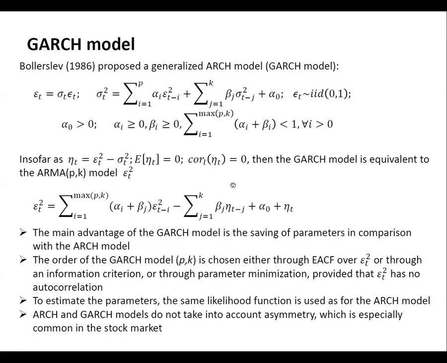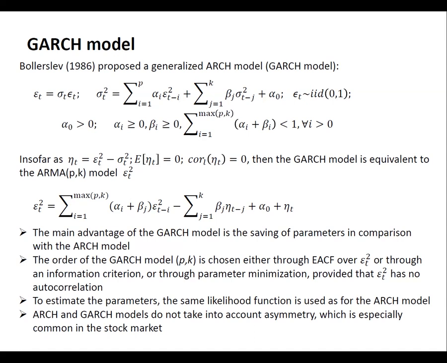Accordingly, we can rewrite the original GARCH model, and we will see that the GARCH model is equivalent to the ARMA model. That's just the way the coefficients are written. Before epsilon squared with lag i, the coefficient will be equal to alpha plus beta. And before the error eta, the coefficient will be only beta. In fact, this is the same ARMA.